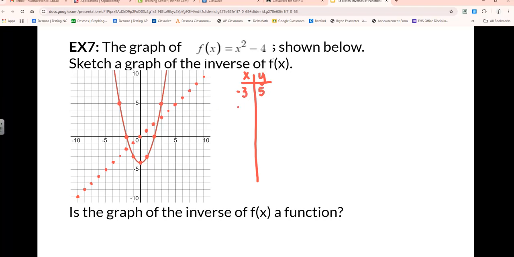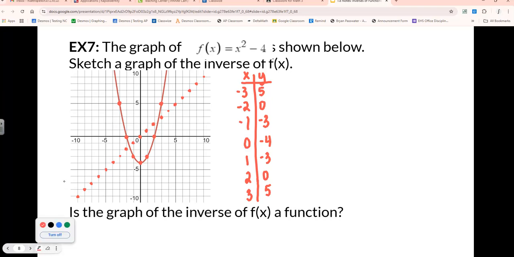This is the point -2, 0. This is the point -1, -3. Then I've got 0, -4. Then 1, -3, 2, 0, and 3, 5. So that's the table for the points I'm looking at right now.